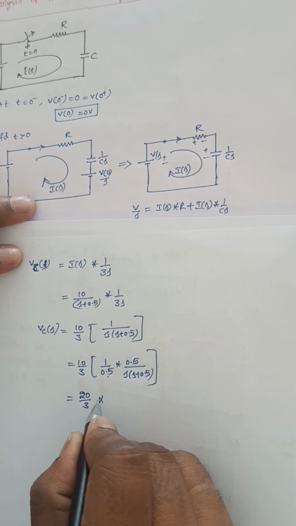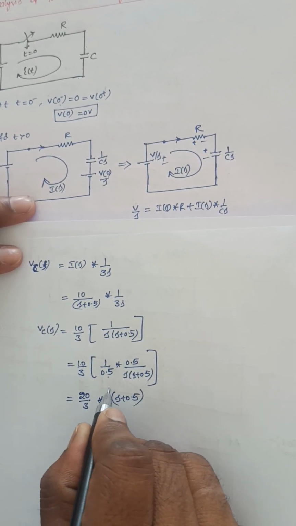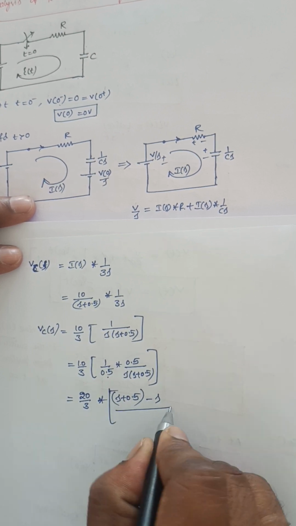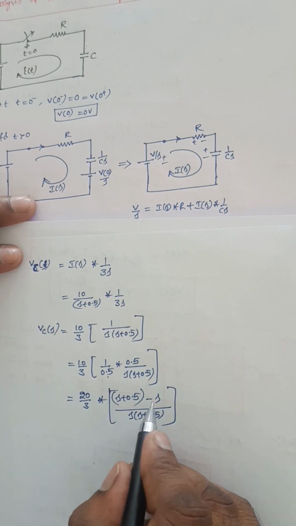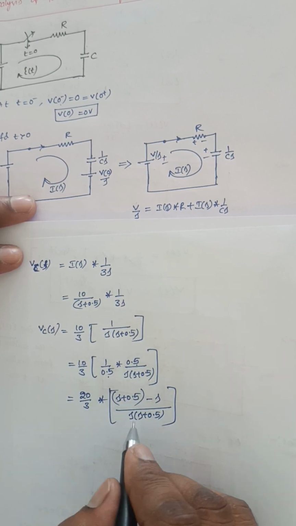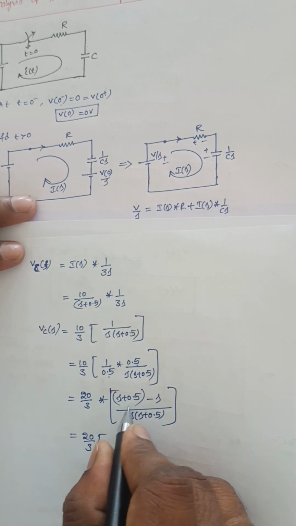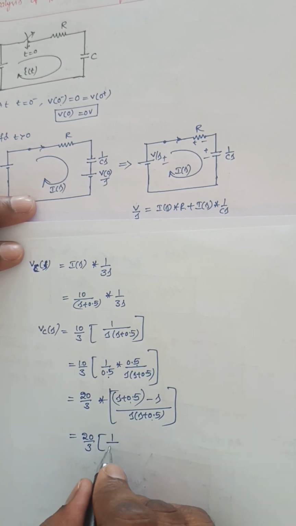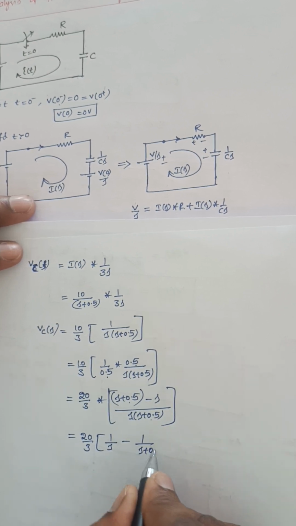So 20 by 3 into s plus 0.5 minus s divided by s into s plus 0.5. This s and this s will get cancelled, same with s plus 0.5. So it is 1 by s plus 0.5.